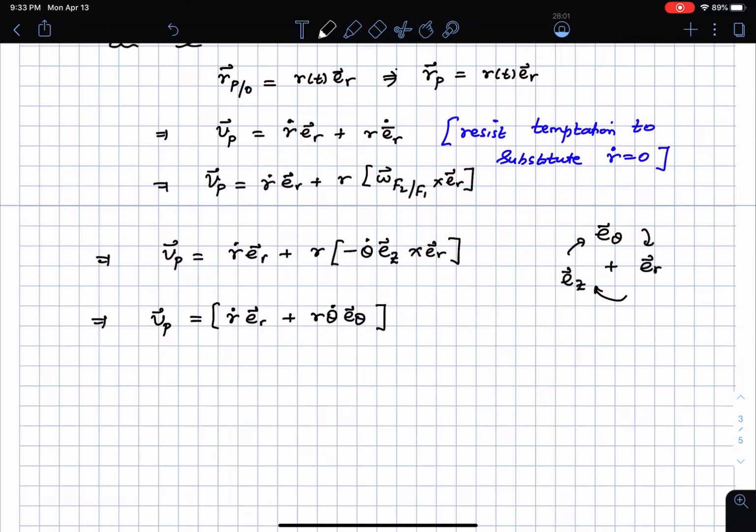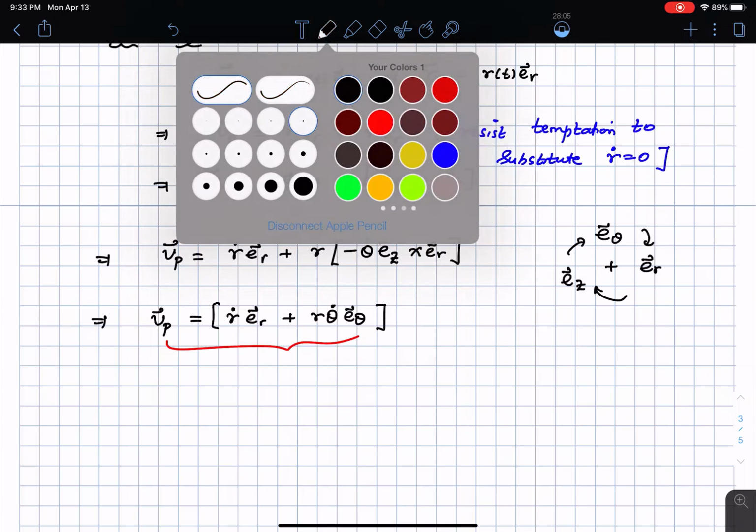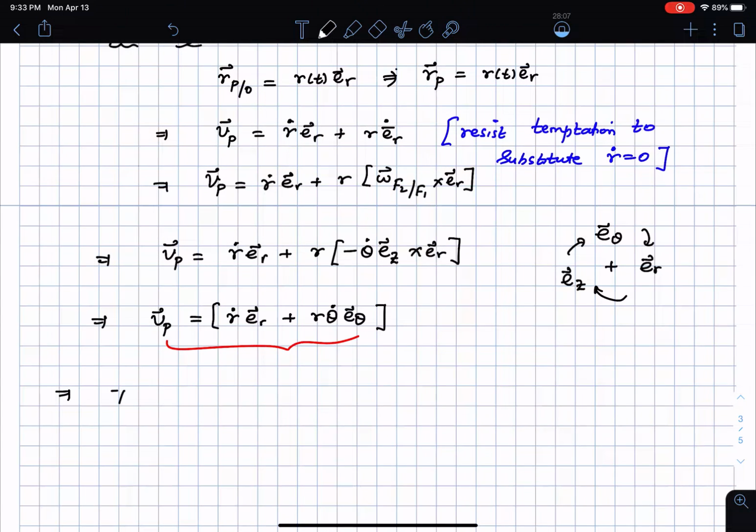This is the velocity, which means that the kinetic energy can be easily written. Kinetic energy T is half m Vp squared, which means T is half m r dot squared plus half m r squared theta dot squared.